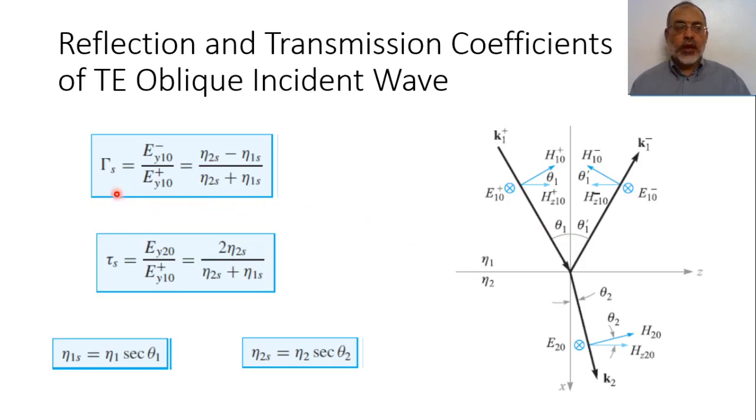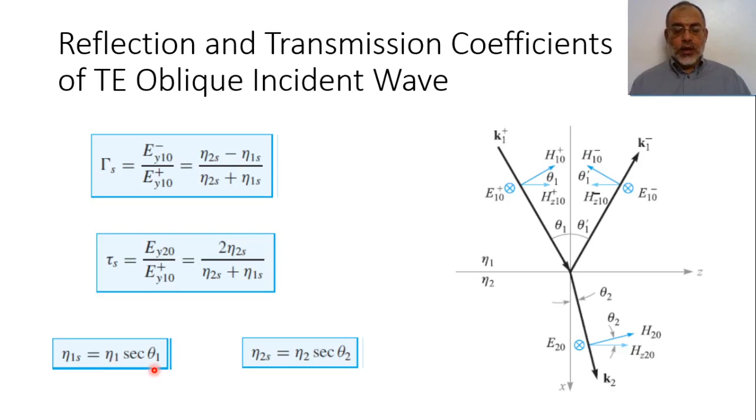So the final result is the reflection coefficient for the transverse electric field, or the perpendicular polarization, or S polarization, is EY10 minus, because the electric field here is in y direction, so EY01 minus over EY10 plus, and in this case it would be eta 2s minus eta 1s over eta 2s plus eta 1s, where eta 1s is eta 1 over cosine theta 1, or eta 1 multiplied by sec theta 1.